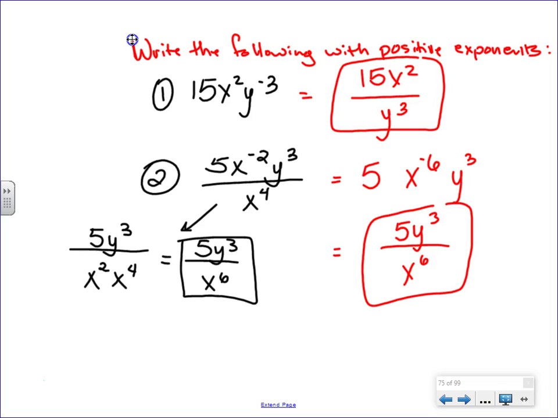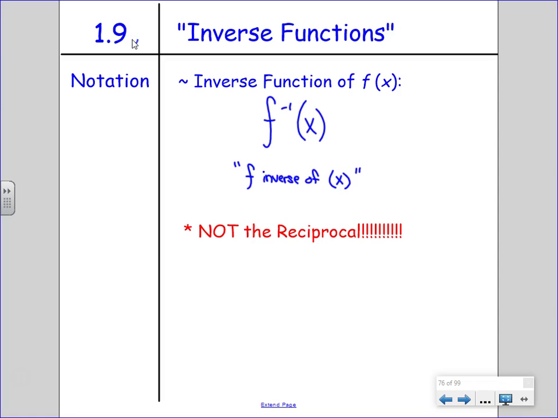But in section 1.9, what do I say this notation is not? But wait, we just talked about how it's the reciprocal. You move him down, you flip him. What's the big deal? Because it's not the negative first. This is not indicative of a negative 1 exponent. This is a notation. Check it out. This is a notation, okay?